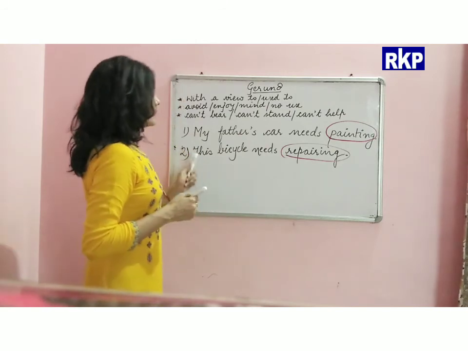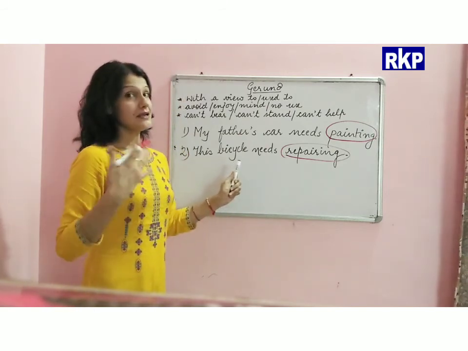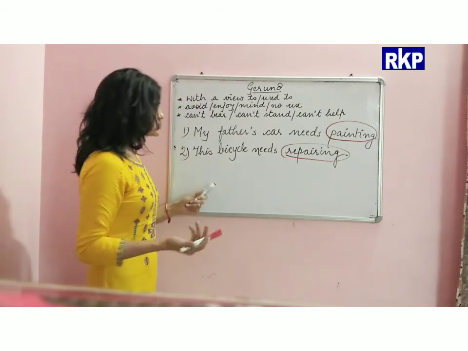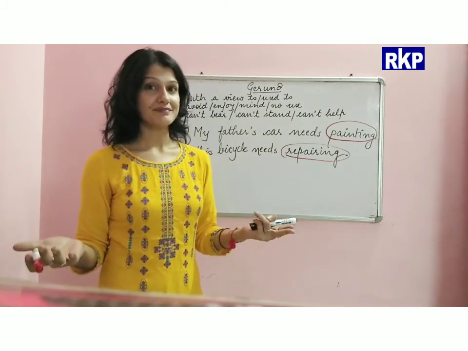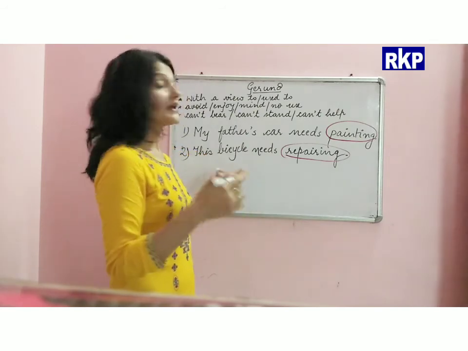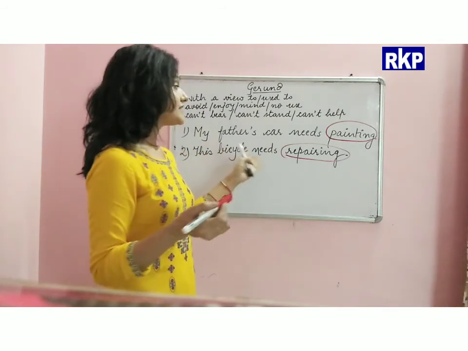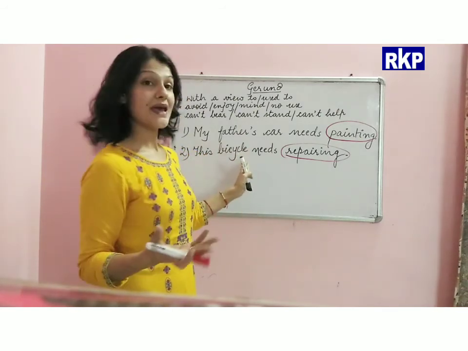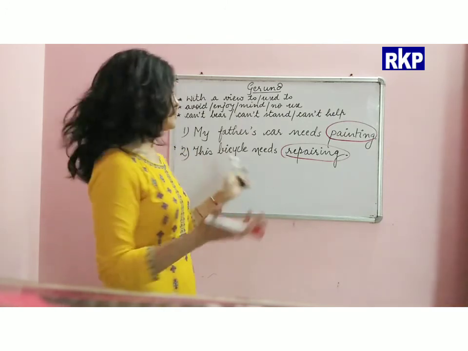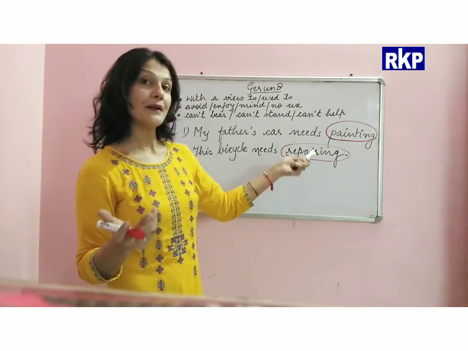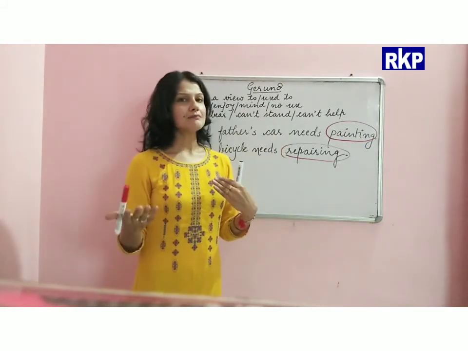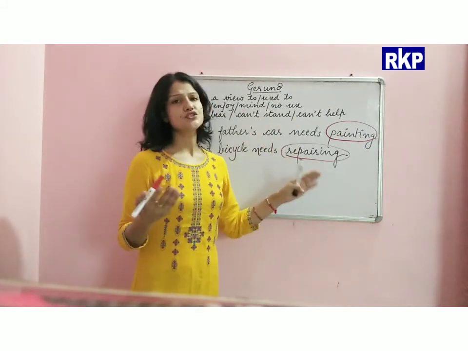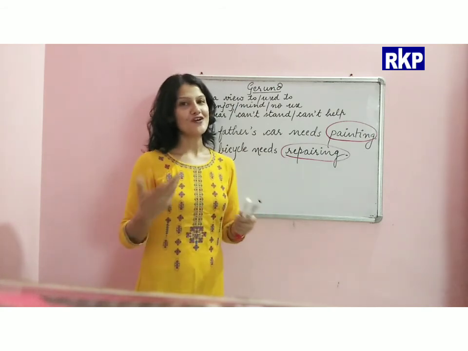And this sentence is in passive form. So we can also say the bicycle needs to be repaired, or in active voice I can say I need to repair this bicycle. So this is how sometimes we use gerunds in passive voice also.